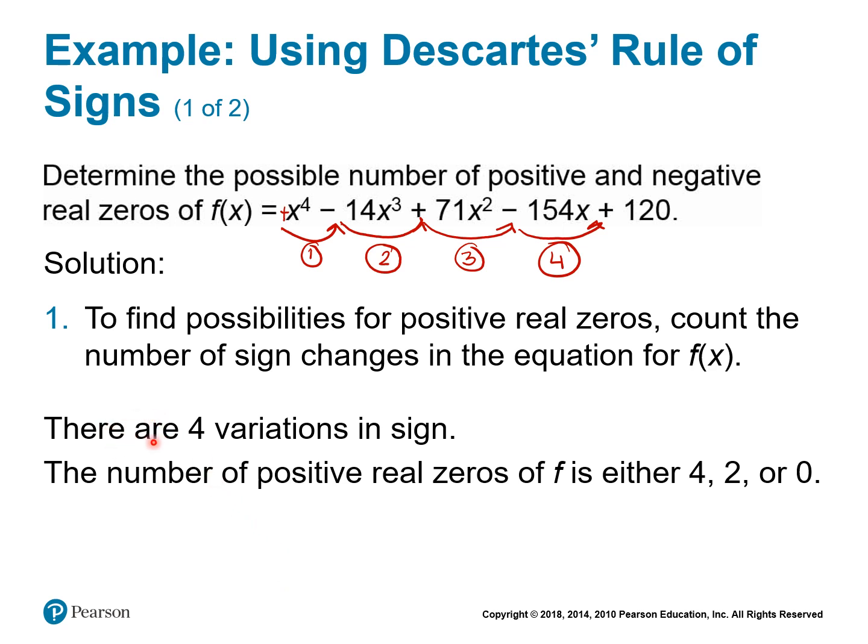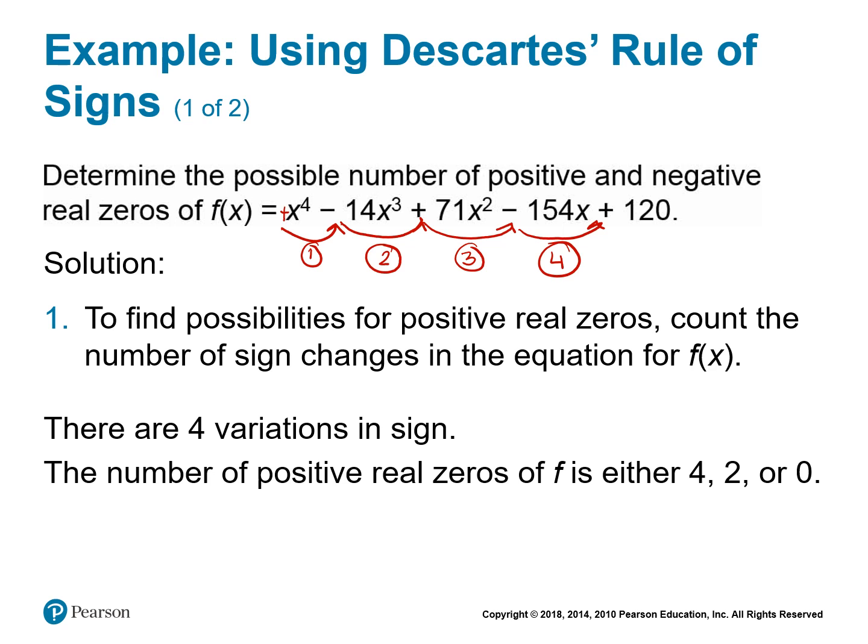So it says there are four variations in sign. Now, because there are four variations in sign doesn't mean that there are going to be four positive real roots. It could be less. By how much? By an even number.